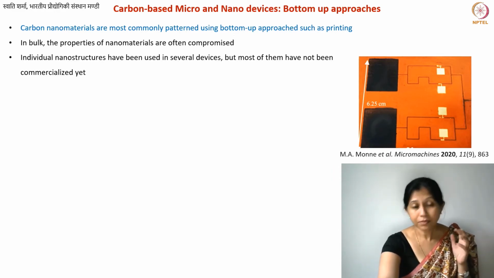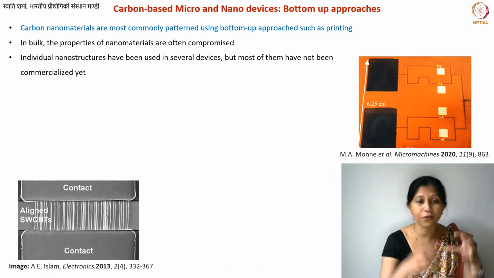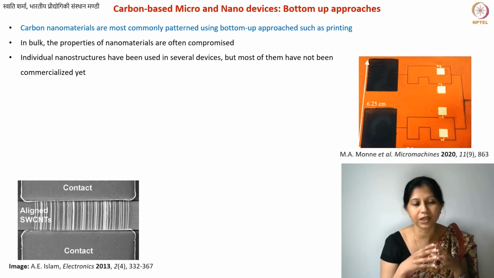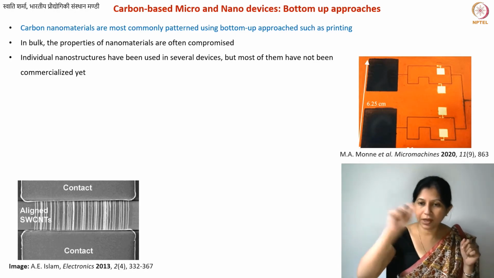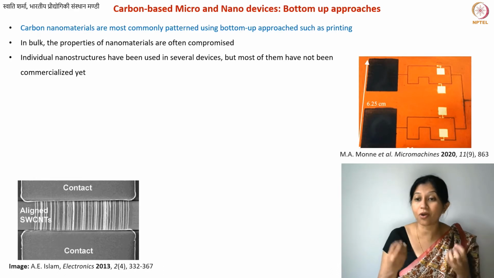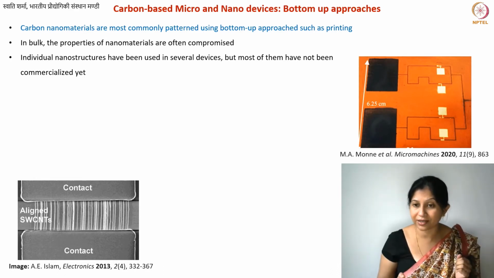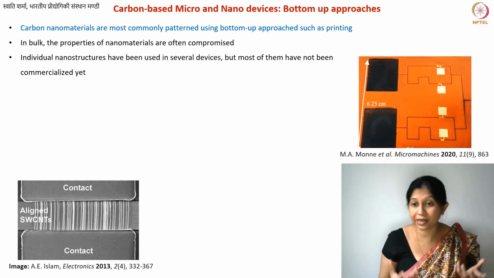Okay. There have also been examples of a single or a few carbon structures. In this image, what you have here is two contact pads, and between them you have carbon nanotubes. You can sometimes grow carbon nanotubes onto your contact, especially if it is a metal contact, because you know that some transition metals serve as a catalyst for carbon nanotube fabrication.